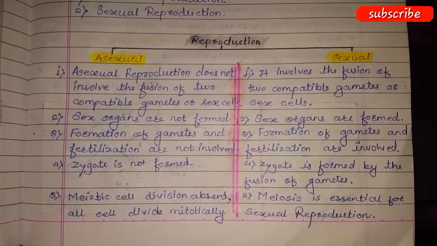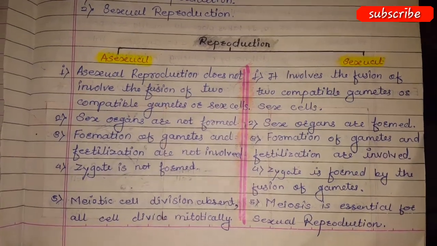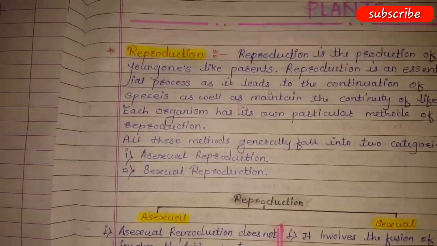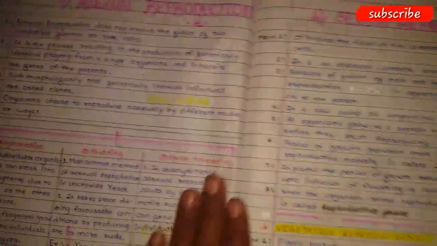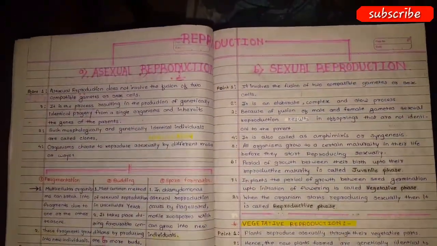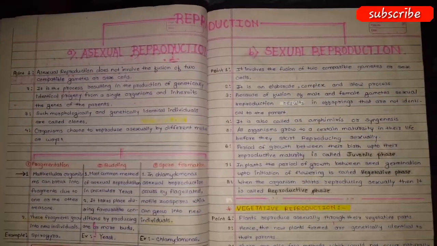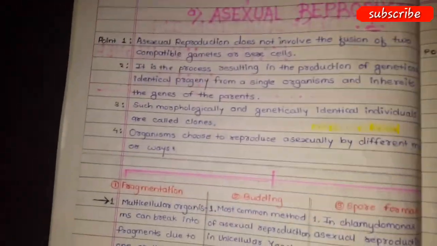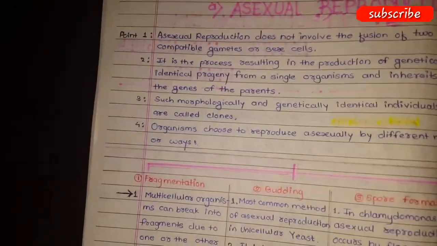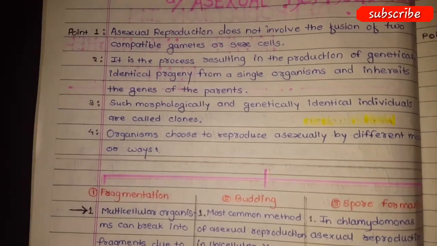Now let's move to the next part of this lesson, that is the classification of reproduction. First, asexual reproduction.